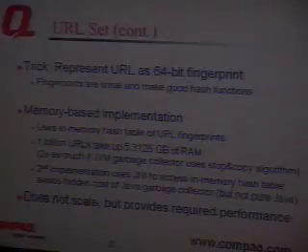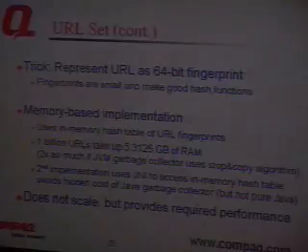So, what can you do about it? First of all, one easy trick to keep the size down is to represent the URLs as checksums. We use Rabin's fingerprinting algorithm to do this, so 64-bit fingerprints.